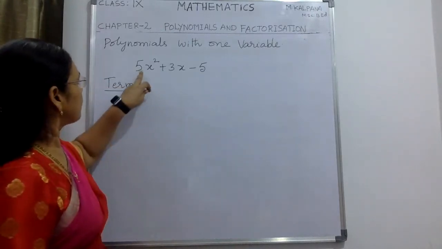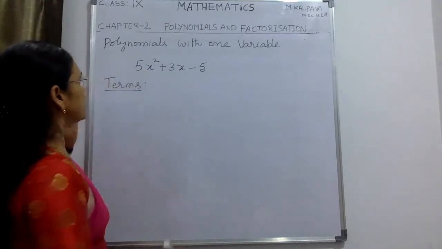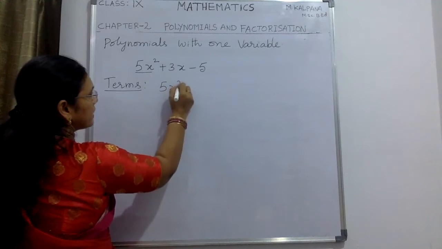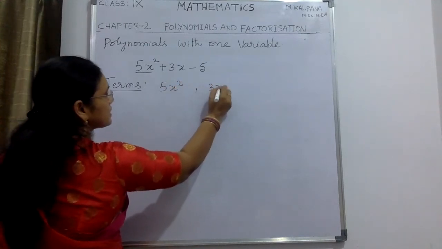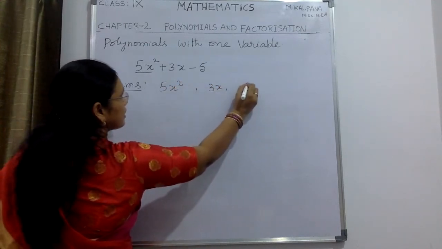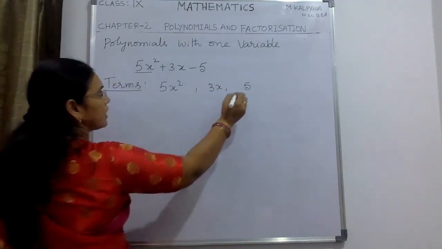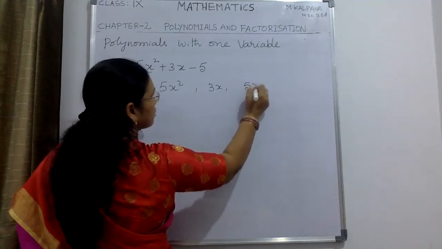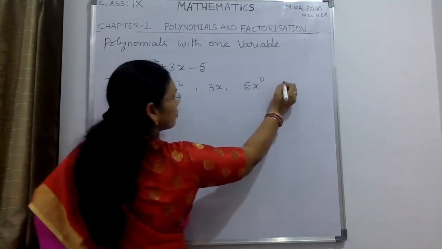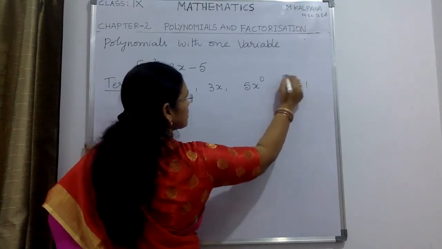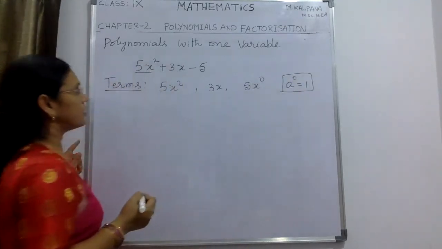Here 5x square is a single expression. 3x is an expression. 5 is also an expression, because 5 can be represented as 5 into x power 0. We know in the exponents and powers chapter we learned anything power 0 is 1. So 5 into 1 becomes 5.